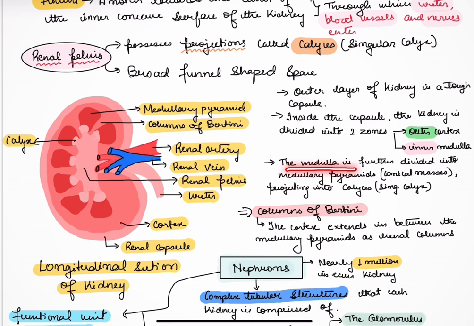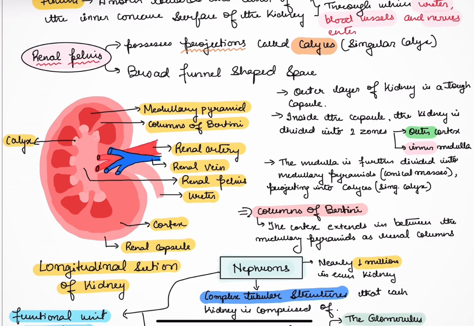So the medulla is further divided into medullary pyramids. So medullary pyramids are nothing but these conical masses, and they have projections known as calyces. These are the projections which are known as calyces.